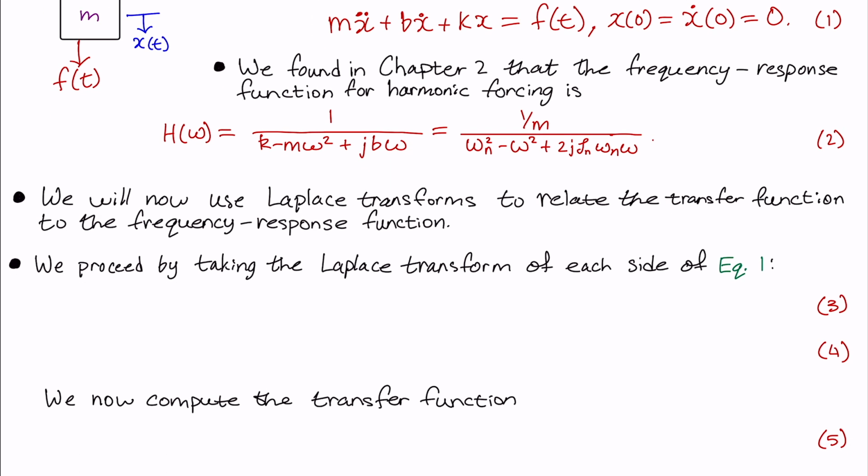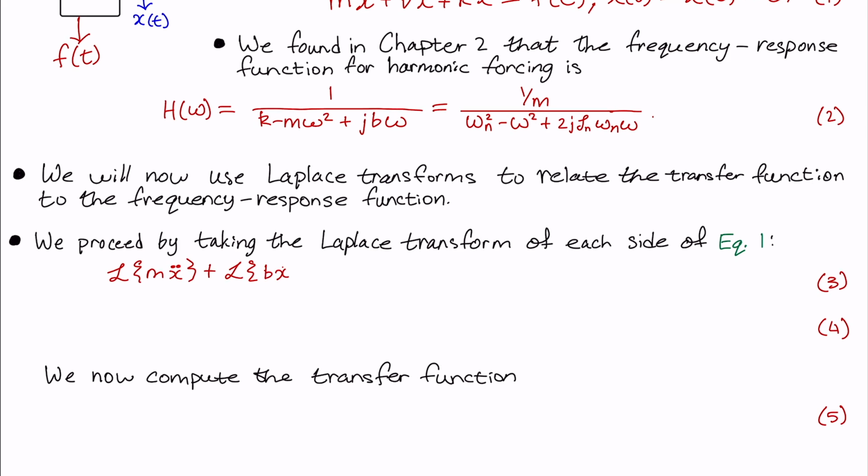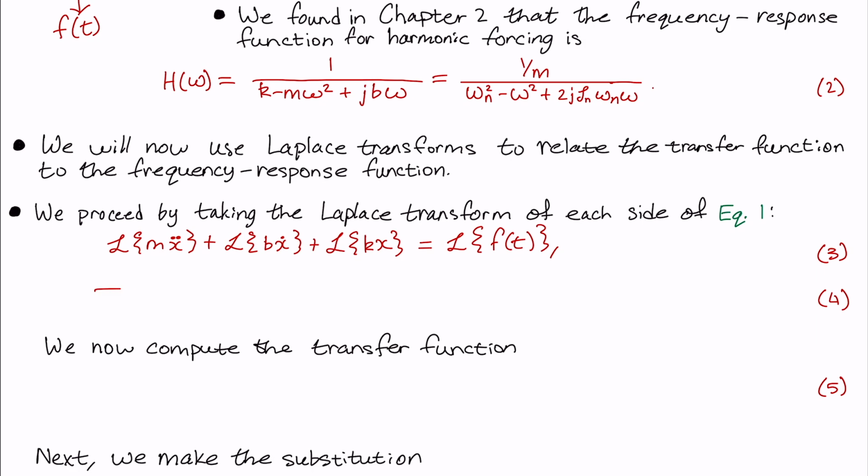We're going to get that the Laplace transform of m x double dot plus the Laplace transform of b x dot plus the Laplace transform of k x is equal to the Laplace transform of f of t, which we can then find will be equal to the quantity m s squared plus b s plus k, all of that multiplied by big X of s, is equal to big F of s.